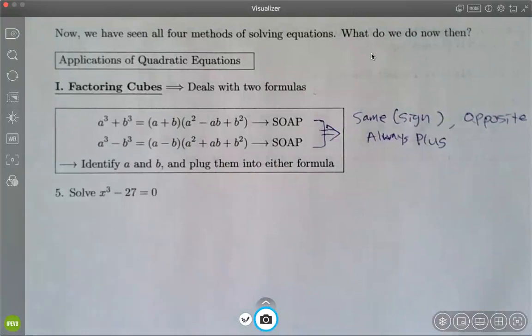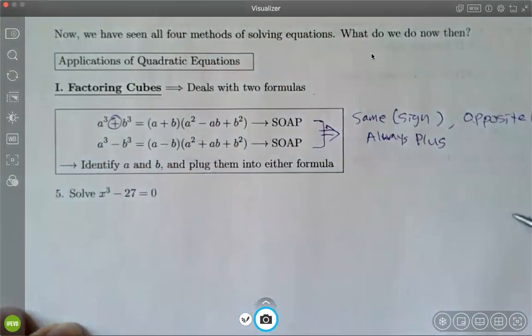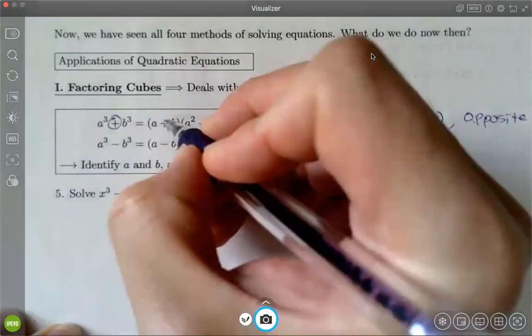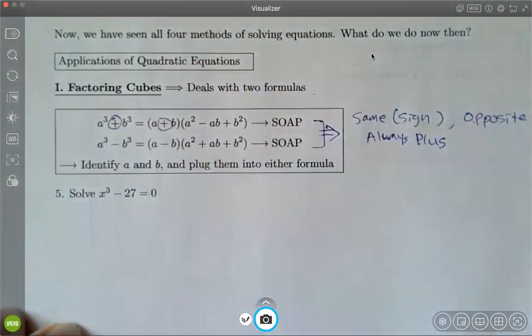For the first one, we have the sum. For the first blank, we just keep the same sign, so we put a plus sign. For the second slot, we have to flip it because it says opposite, so here's the opposite sign, minus. And the last one is always plus.